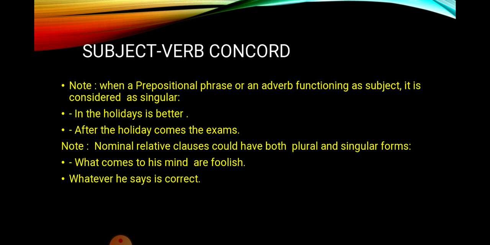So we can use the singular form and we can use the plural form. What comes to his mind are foolish, or what comes to his mind is foolish. So we are free to say what comes to his mind are or is foolish. Whatever he says is correct, or whatever he says are correct.